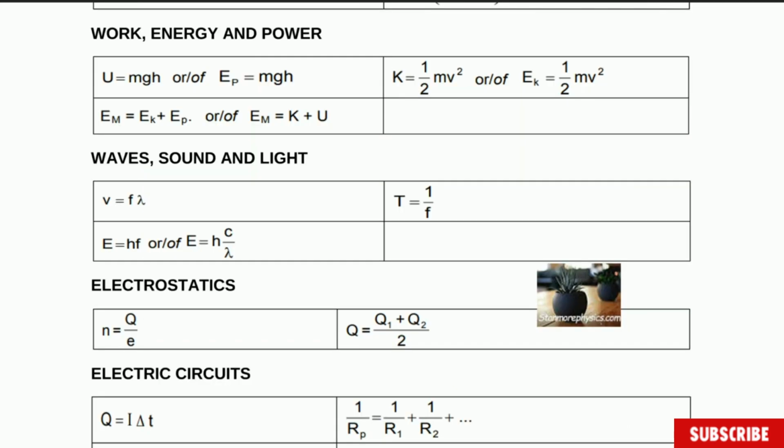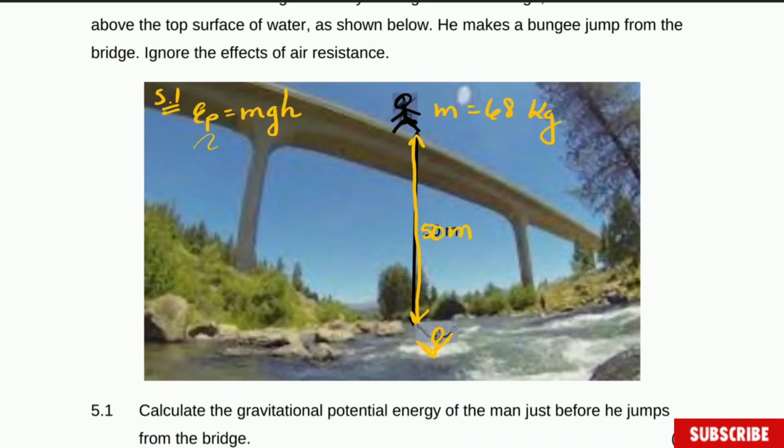And the formulas are here. They give you the formulas. In this case, here is the formula for gravitational potential energy. Somewhere people use U instead of EP. It's also accepted. You have everything. All you have to do is to substitute. This one is 68 multiplied by 9,8 multiplied by 50.